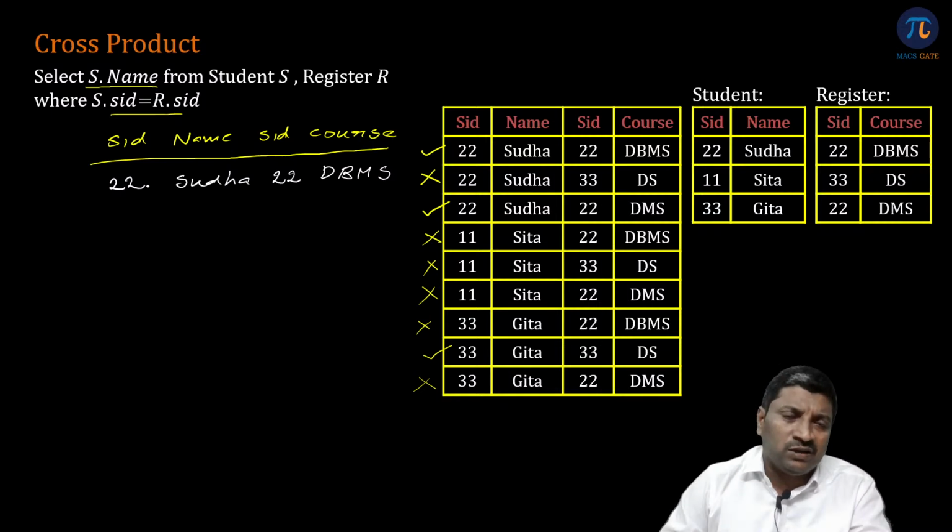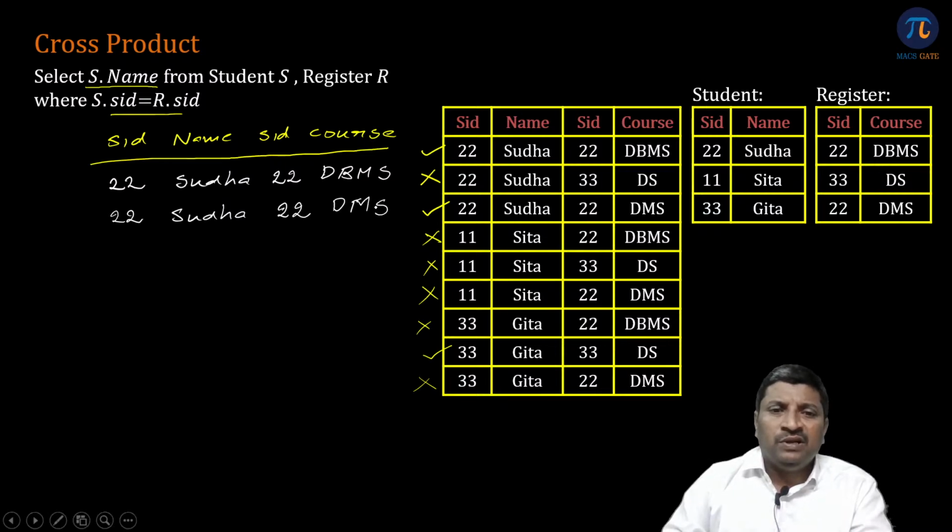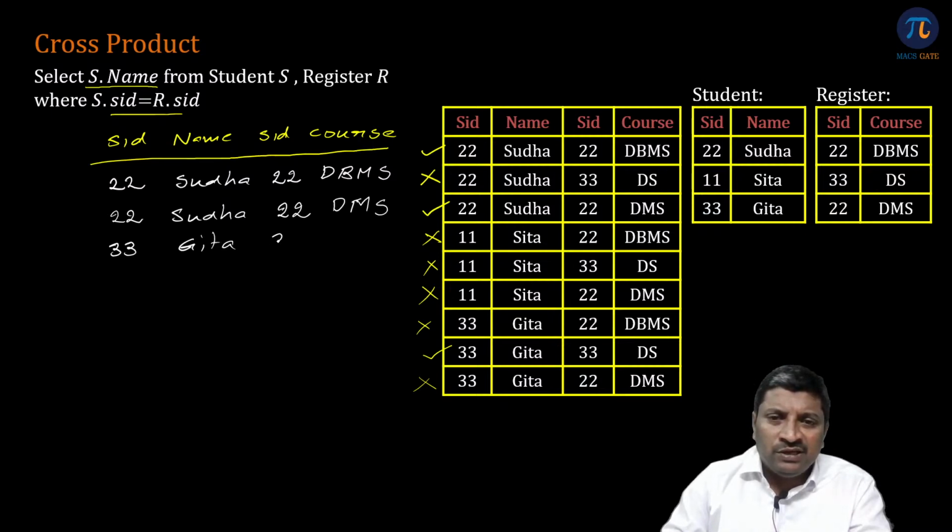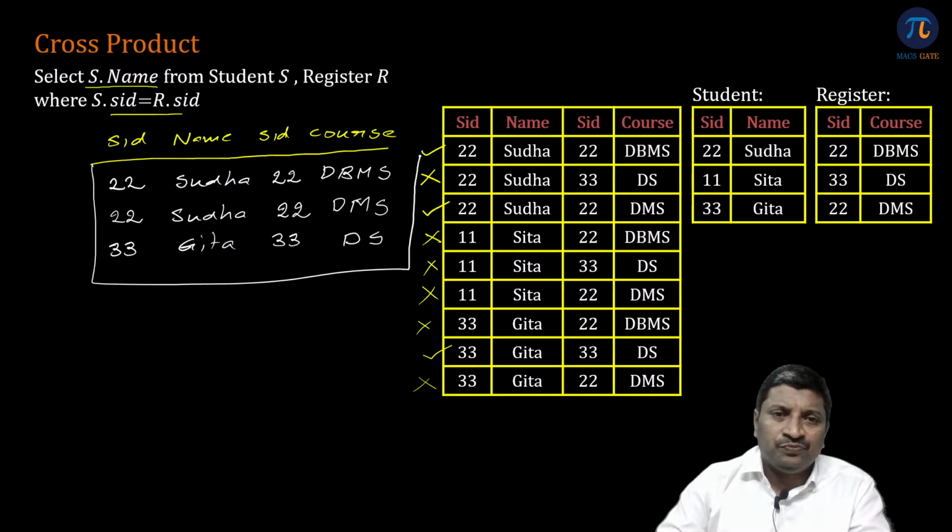So Sudha, the student with roll number 22, registered the course DBMS. That is the intention of the first record. Then 22 Sudha, 22 DMS. So he also registered DMS. Then 33 Geeta, 33 Geeta. She registered data structures. So this is when you apply the where clause.